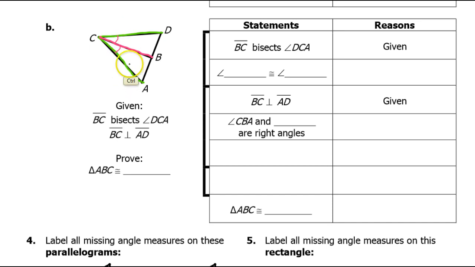In this case, we're cutting this angle in half. So we're given that BC bisects angle DCA, but that means that angle ACB is going to be congruent to angle DCB by the definition of angle bisector.